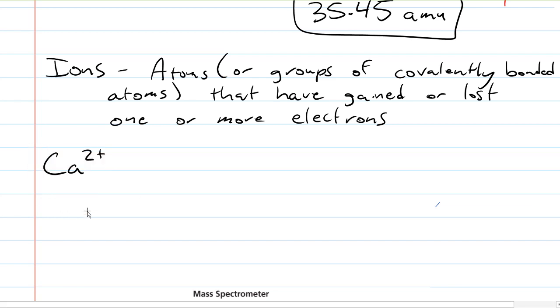You should be able to figure out which particle in this ion is more abundant. Are there more protons or more electrons in this ion? Because the charge is positive. And how do we figure out the number of protons?